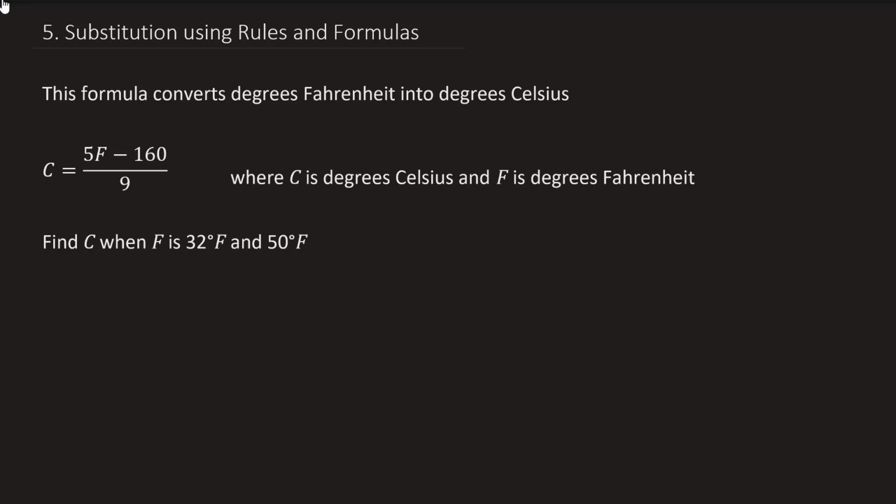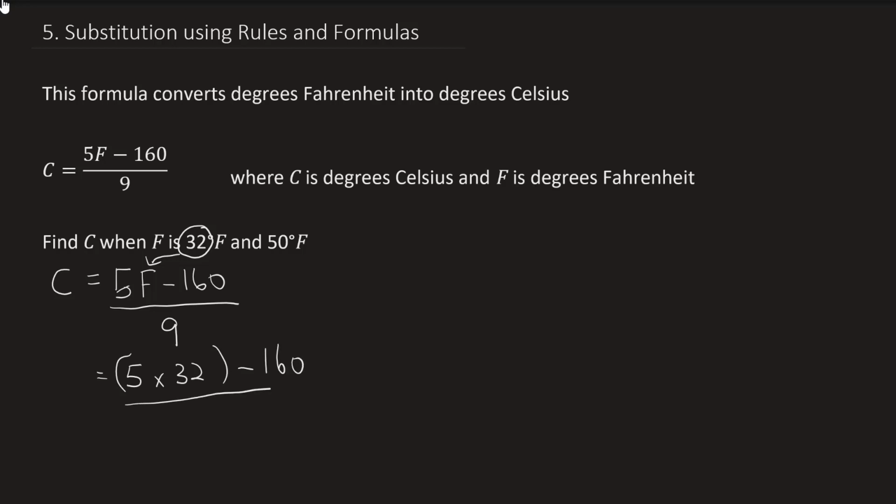So let's do the first one and we'll write the formula out. C is equal to 5F minus 160 over 9, and we're going to substitute this first value here, 32. We're going to put that into F. So this is going to be 5 multiplied by 32, brackets, minus 160 over 9, and that is 160 minus 160 over 9, which is 0.